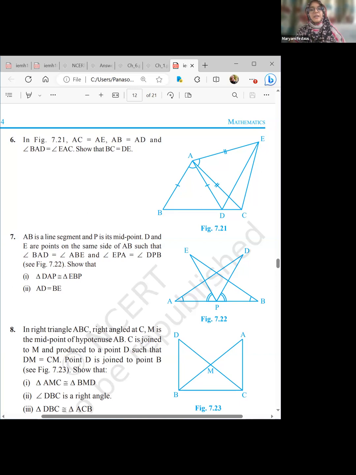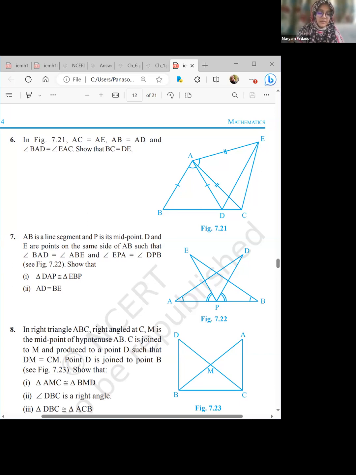But again, this is just like the previous question. Angle EPA is not a part of the yellow triangle. It's not a part of the blue triangle also. Angle EPA, E is basically over here somewhere, right? So it's like this. Angle EPA is this one. We have to show this entire angle is equal to this entire angle.